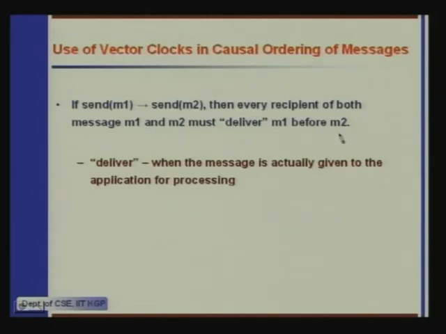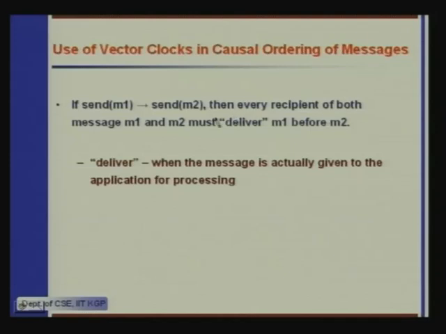This is the requirement. Happened before means they are causally related, not incidentally that something was sent in real time before another. We are talking about the happened before relationship, which means that there is a causal relationship between the send of M1 and the send of M2.